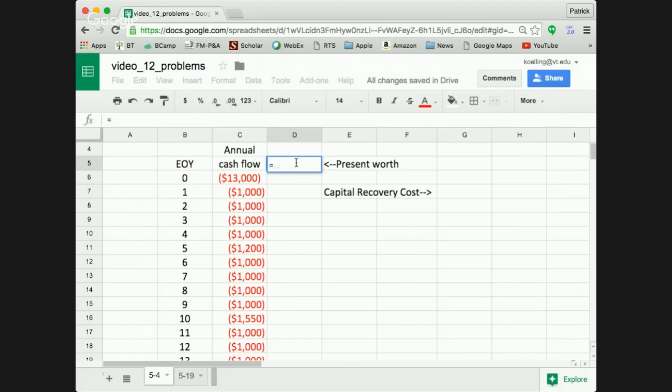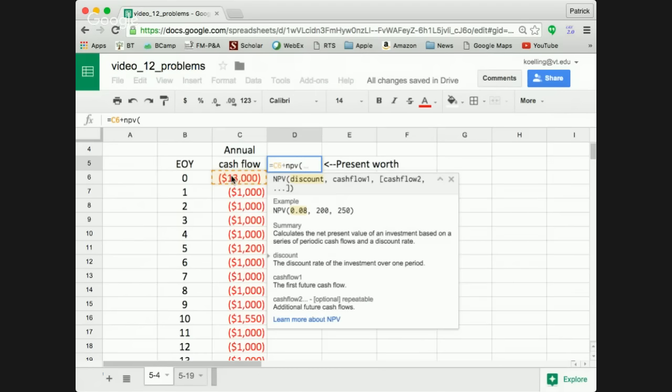So if I want a time 0 present worth, then the time 0 cash flow I have to put in by itself. That's already at time 0. And our NPV function will begin at the end of year 1.